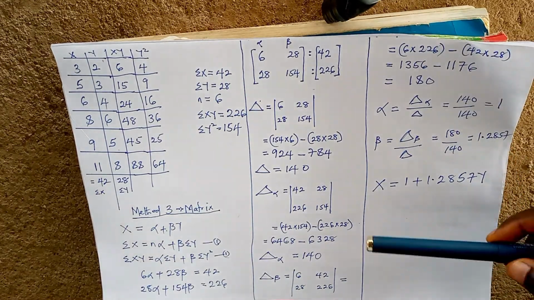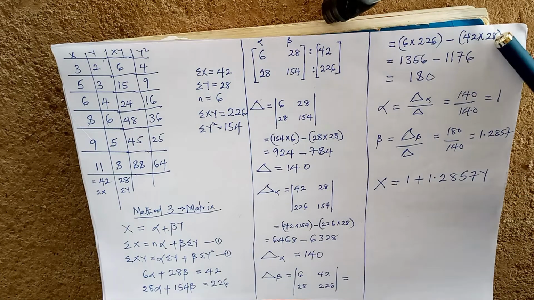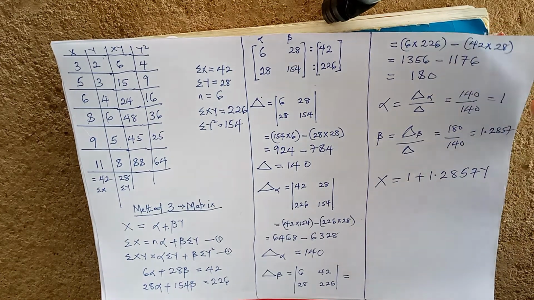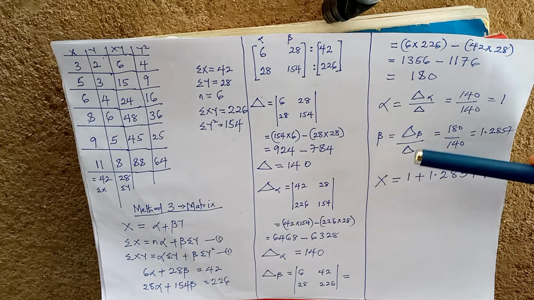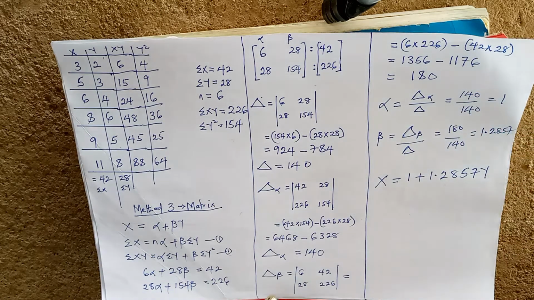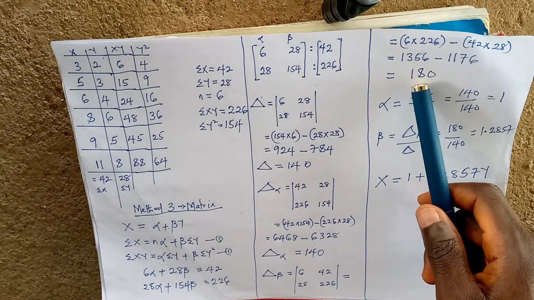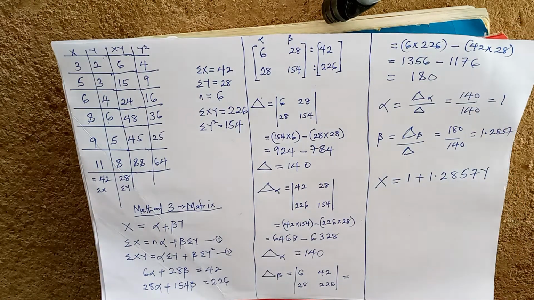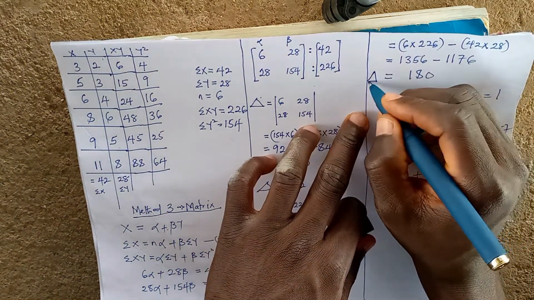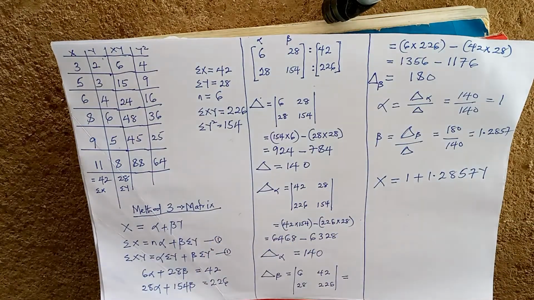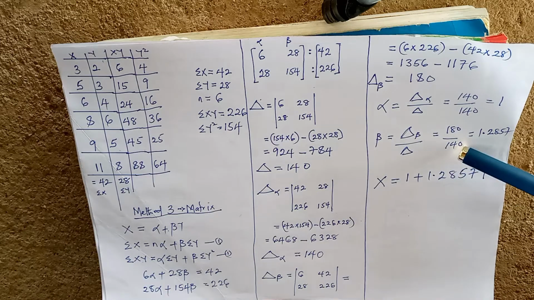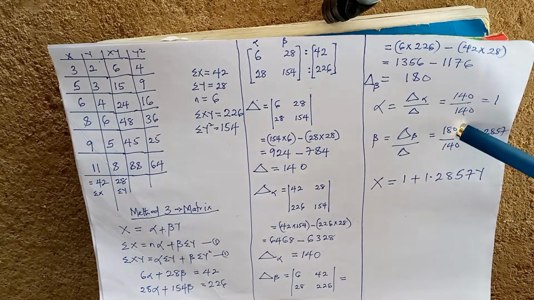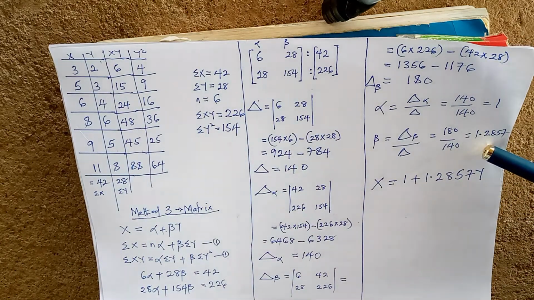Now we need the quotient for beta, or the slope: determinant of beta divided by the general determinant. The determinant of beta is 180, divided by 140, which gives us 1.2857.